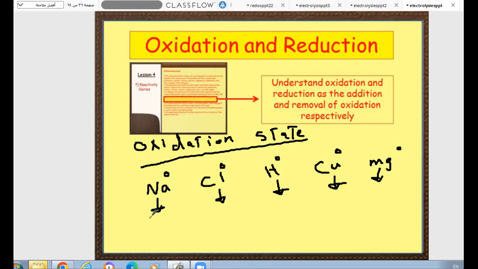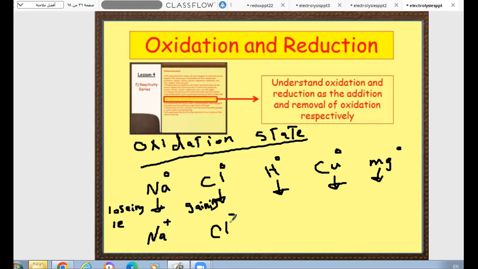When a metal reacts, it loses electrons. So by losing electrons, it changes into positive. Sodium loses 1 electron, so it will carry a positive 1 charge. Chlorine is a nonmetal, so it will gain electrons, because its reactivity is gaining electrons, and so it changes into negative.